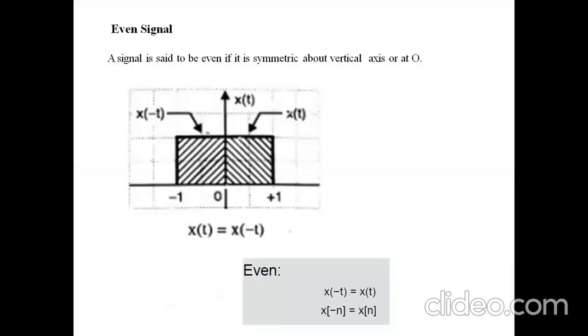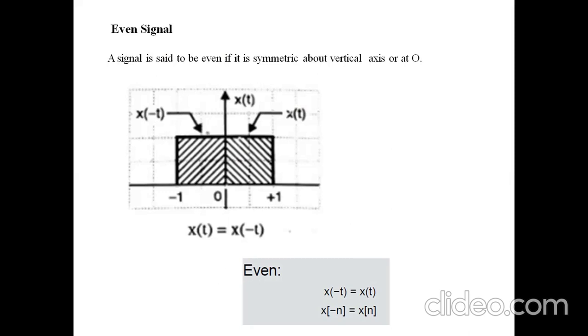Now next, here we go to even and odd signals. Here an even signal is represented in a wave. On the x-axis you can find the time and on the y-axis you can find x of t. A square wave is represented between -1 and +1, so here the signal is represented as x of -t and x of t.